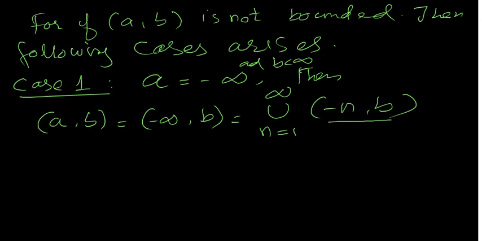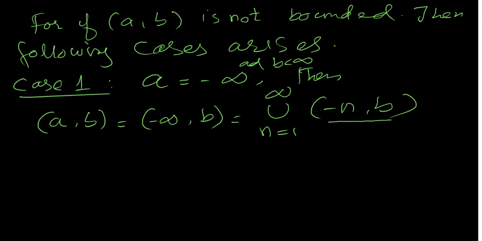Say the first interval is minus 1 to b. In this interval the function has only countably many discontinuities. In the second interval minus 2 to b, it again has countably many discontinuities. Let's take the union of all such discontinuities. That's again countable, because we know that a countable union of countable sets is again a countable set. So that's why it is sufficient to prove the result for bounded open intervals.